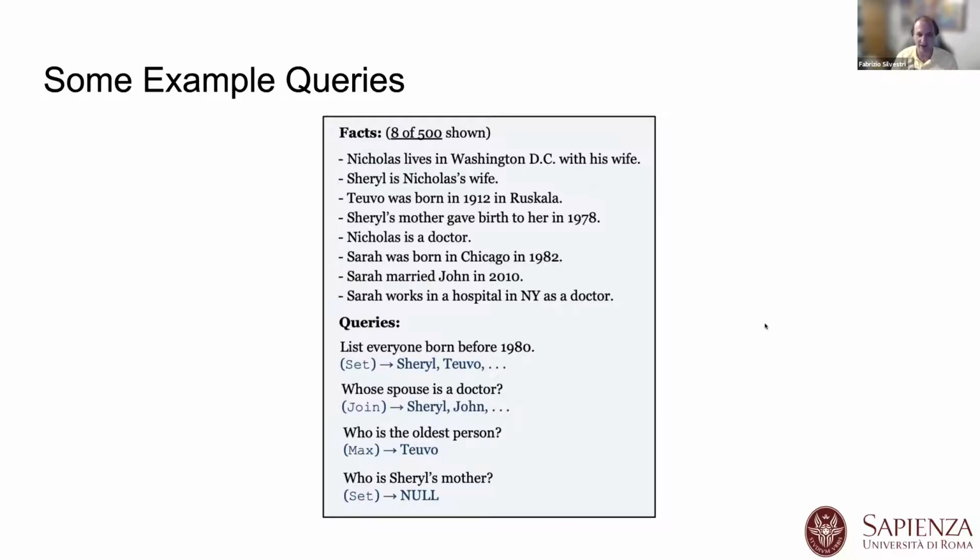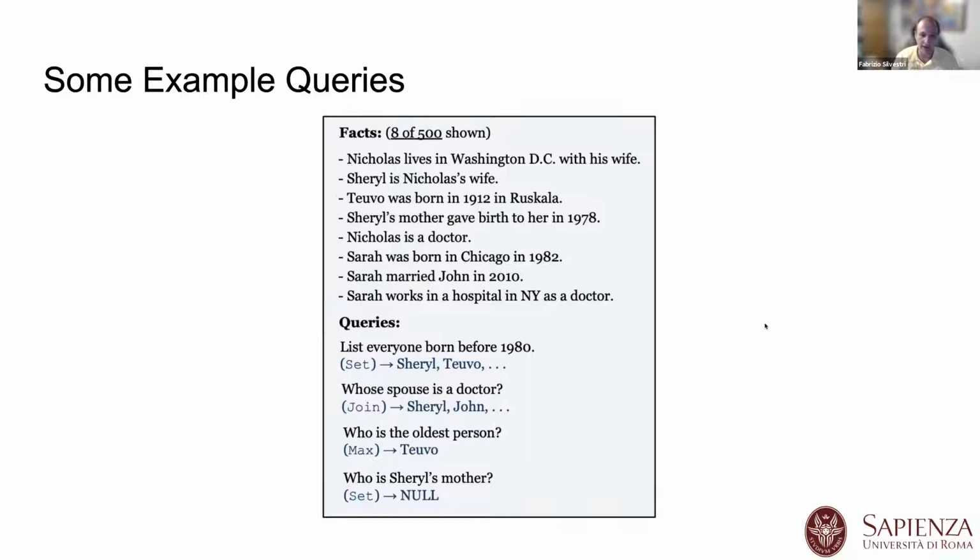This is, as you can imagine, a very challenging task for a neural database, because now you have to understand that you want to find the argmax of a function, and the function is age of, or the argmax of a relation, in this case age of, or born in. So you still have some kind of mathematics to do here.